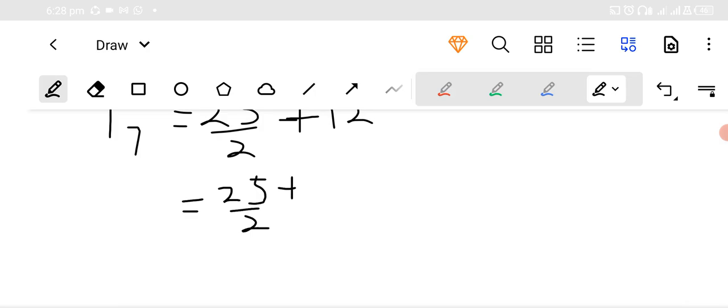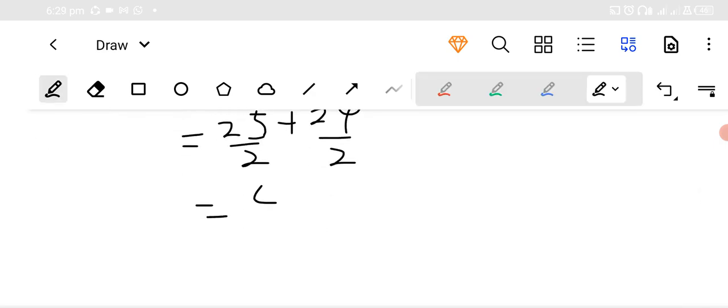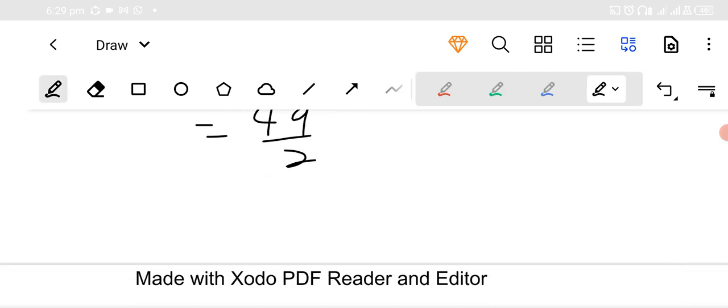48 over 2 plus 12 is the same as 24 over 2. You're going to have 49 over 2 as the seventh term, or t subscript 7. 2 can go into 48, that's 24 times, not 19.